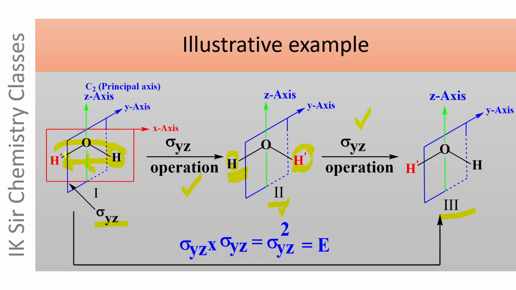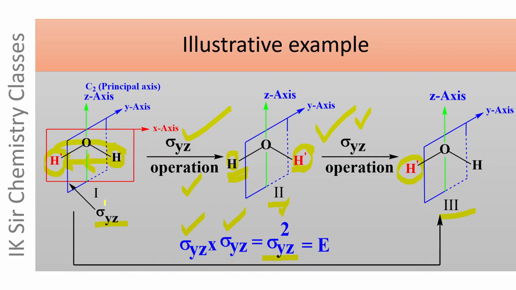This red colored H dash atom is present on the left hand side and in orientation 3 also the H dash atom is present on the left hand side. On moving from 1 to 3 orientation, we have applied sigma yz operation twice and it will be equal to sigma yz square.